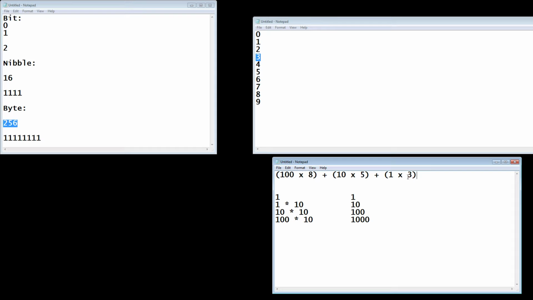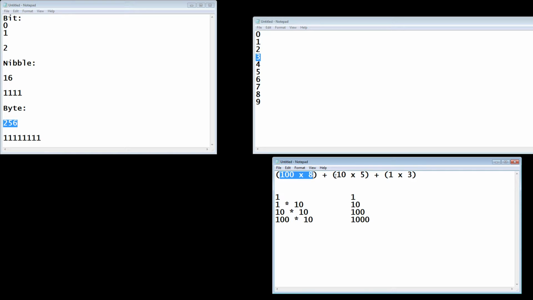So, looking at this, 1 multiplied by 3 is 3, okay, plus, in parentheses here, so these are all done first, 10 multiplied by 5 is 50, over here 100 multiplied by 8 is 800.